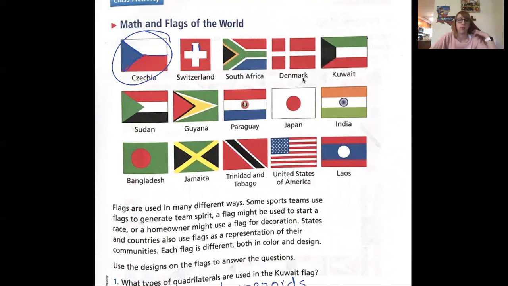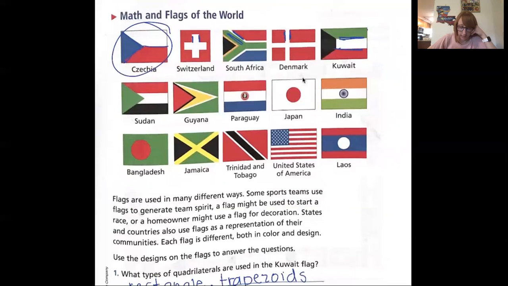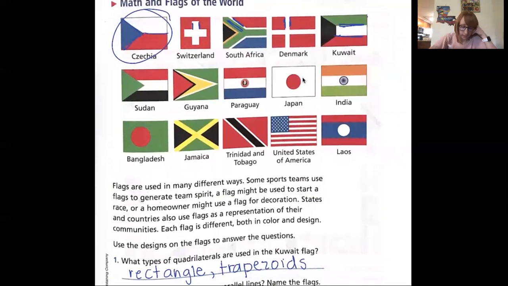Switzerland has opposite sides that are parallel. Even if we just look at one part of the cross, there are some parallel lines. South Africa has parallel lines here and here, so we're not going to count that. Denmark has parallel lines here. Kuwait has parallel lines here. So far, we only have one flag that has no parallel lines. Sudan has parallel lines here.